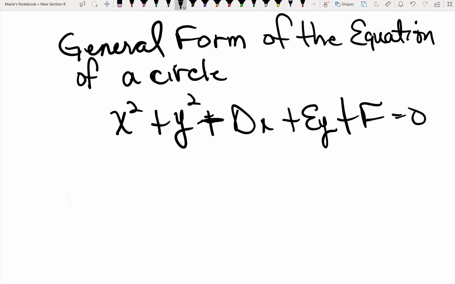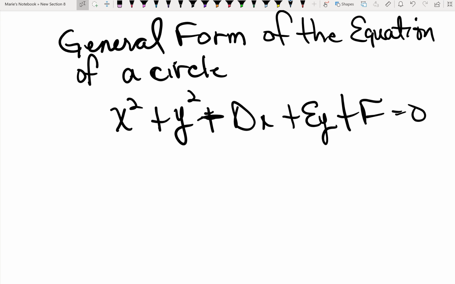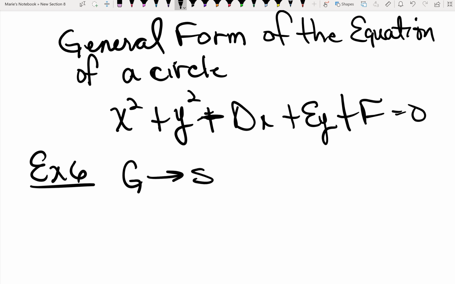Okay, it looks ridiculous, but it's actually quite easy. What you're going to want to do in this example, example 6, is convert this general equation to standard form. So we're going to go from general to standard. This is general form up here.